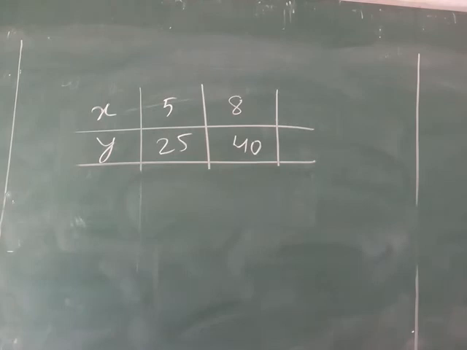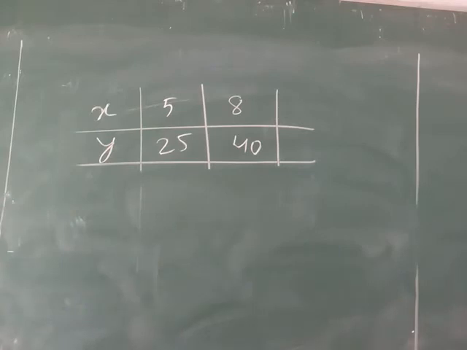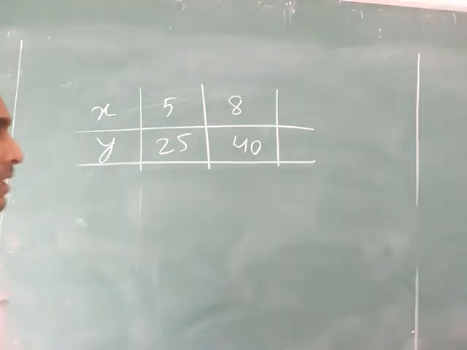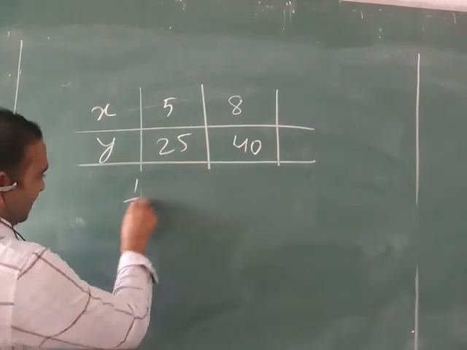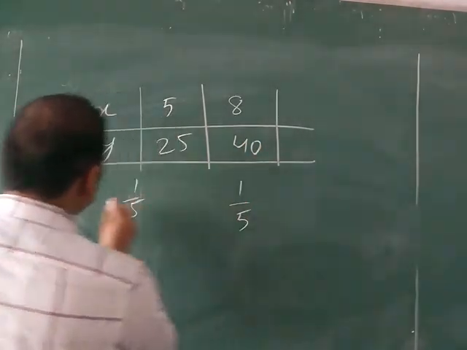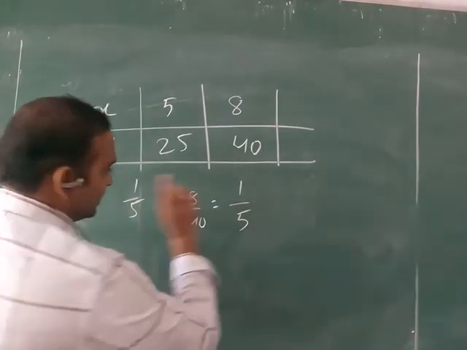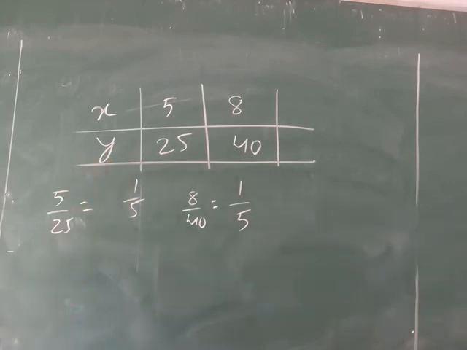By looking at this data, can you say whether it is direct variation or inverse variation? First you check whether its ratios are constant or its products are constant. Ratio 5 to 25 equals 1 by 5, and 8 to 40 equals 1 by 5. Both the ratios are constant, 1 by 5. So it is direct variation.